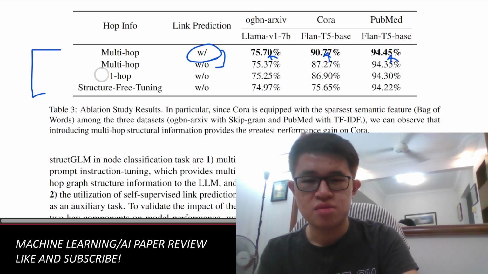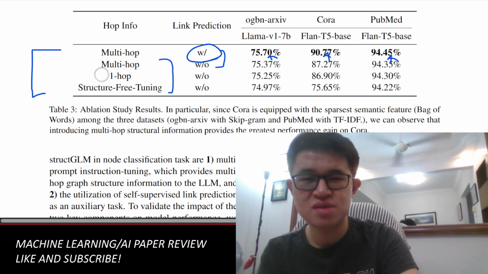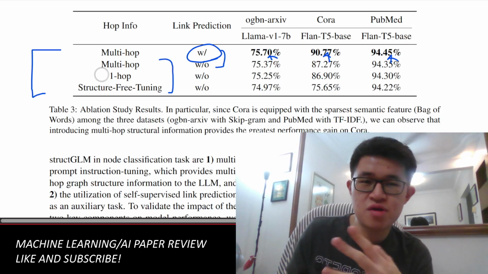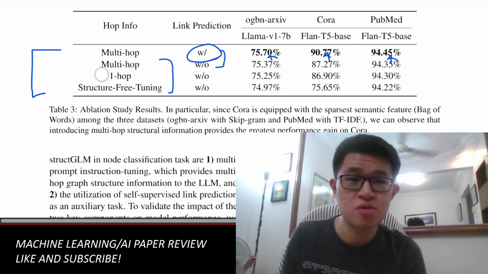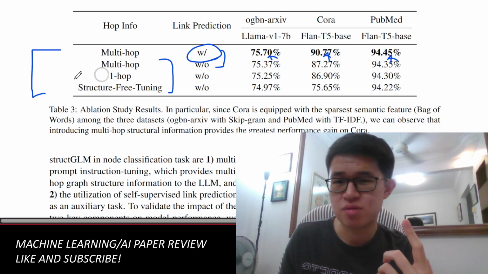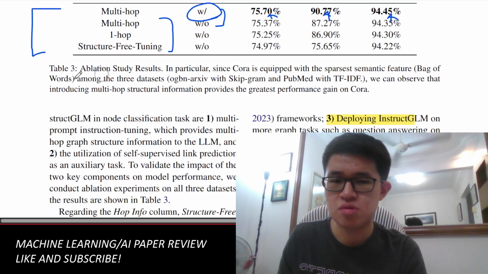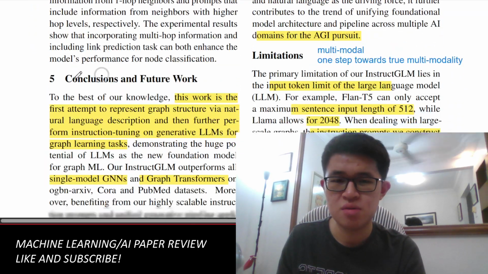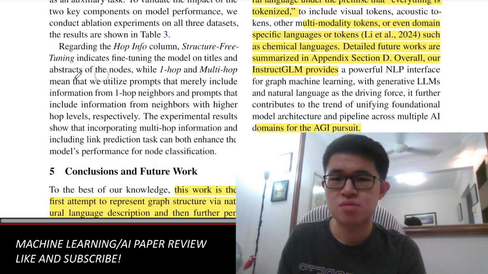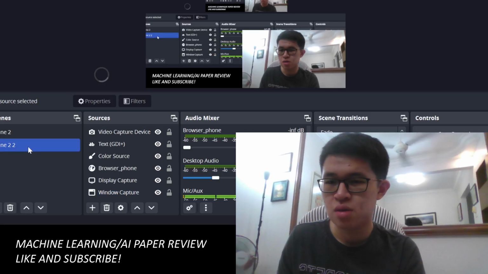Obviously all of these components, as they have shown here, are pretty essential for their approach to work. I think that's about it, really.